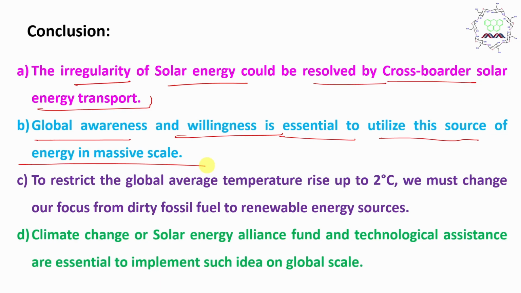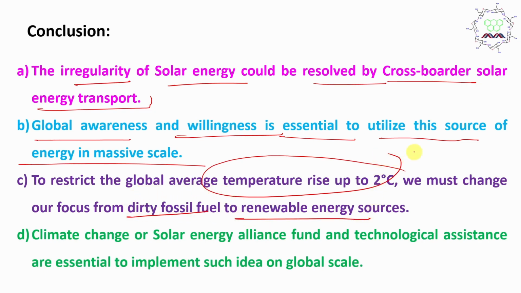For that purpose, we need to make infrastructure, and we need to cooperate together such that we can restrict the global temperature rise to 2 degrees centigrade, because if we can't, there will be massive climate calamities which will be very difficult to resolve. And this is because we are focusing on dirty fossil fuel for our energy production. So we need to shift our focus from fossil fuel to renewable energy in order to restrict the global average temperature rise to 2 degrees centigrade.